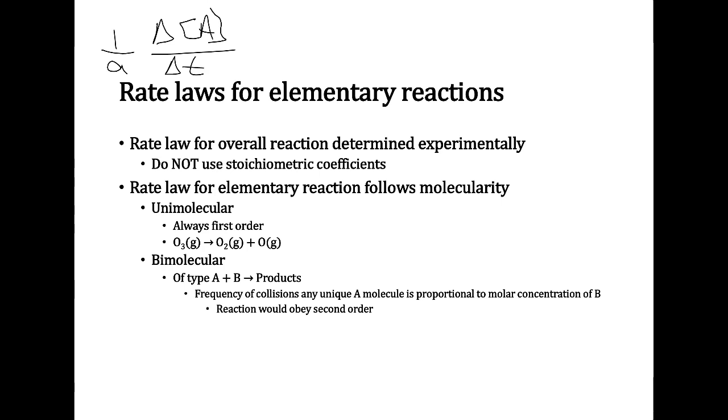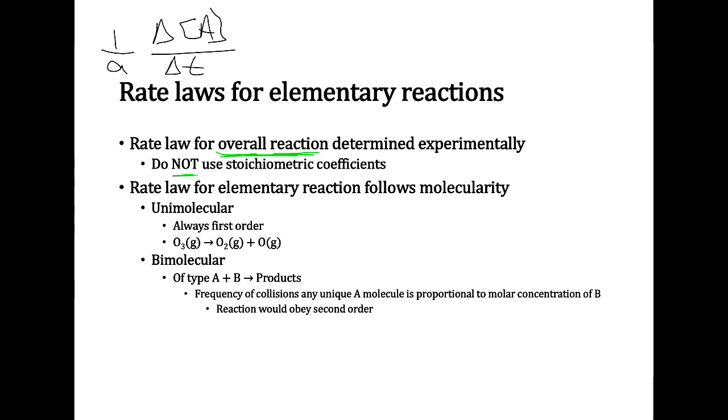Okay, so that would be a rate expression, but then whenever we started talking about rate laws, we said we can't use those coefficients. Well, now that we're talking about reaction mechanisms, if it's an elementary step, we can still use the coefficients again. But for overall reactions, you do not use the stoichiometric coefficient.